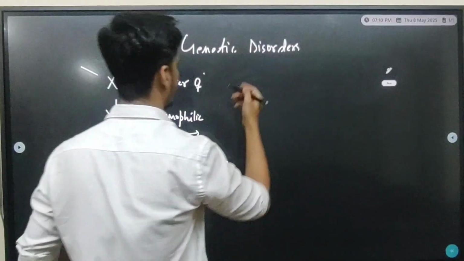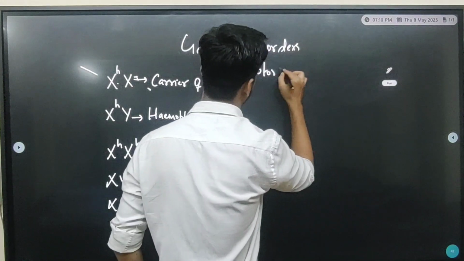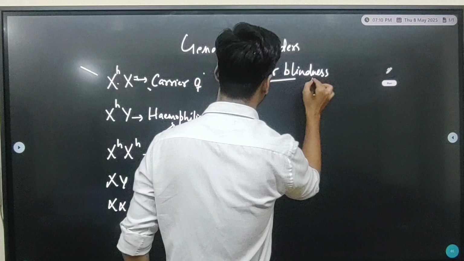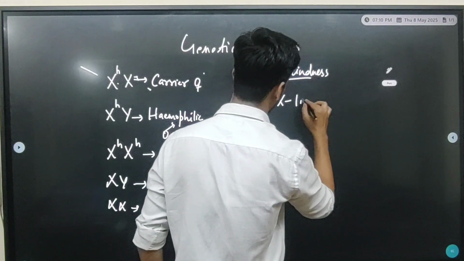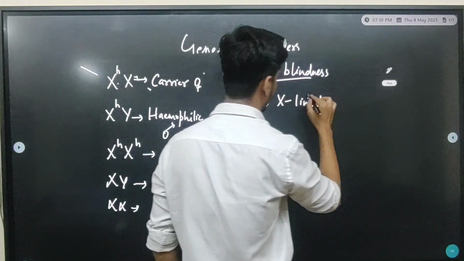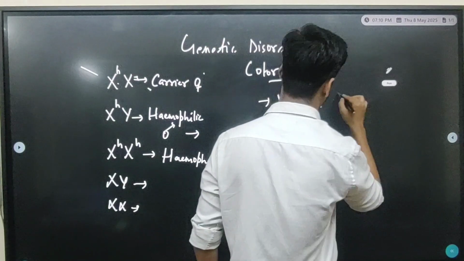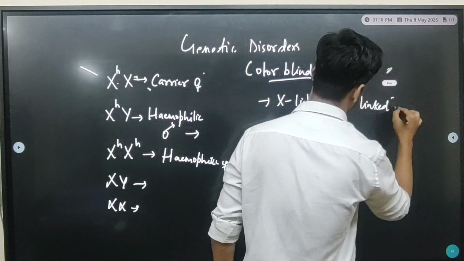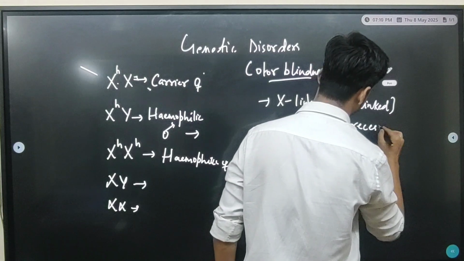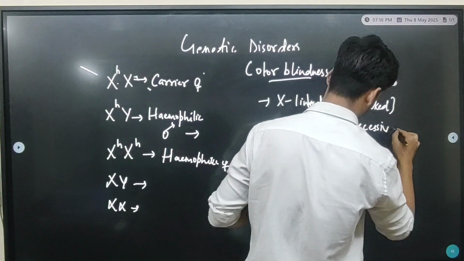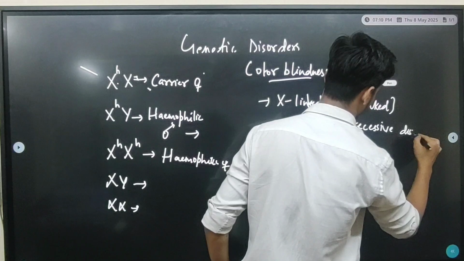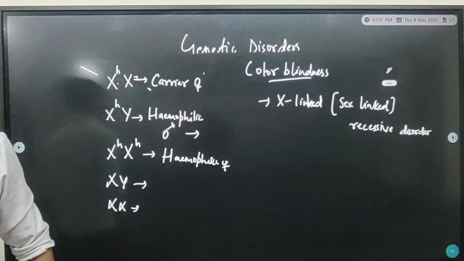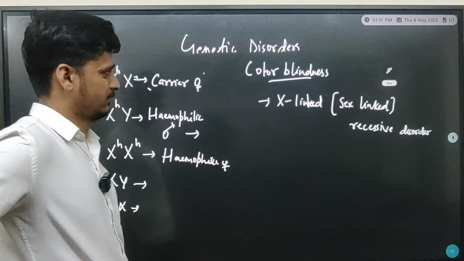Next is color blindness. Color blindness is also an X-linked or sex-linked recessive disorder, the same as hemophilia.